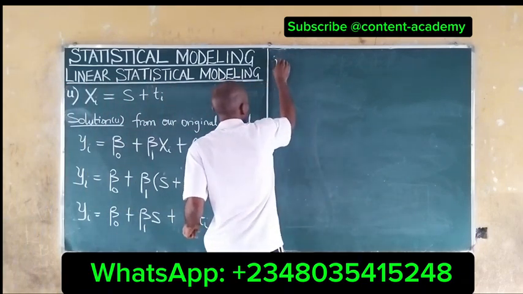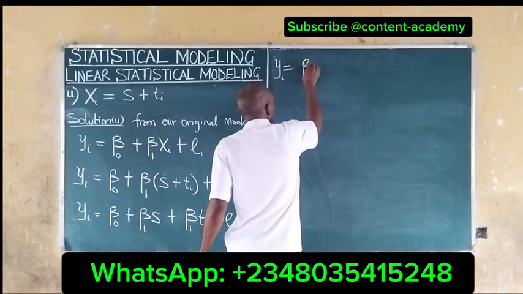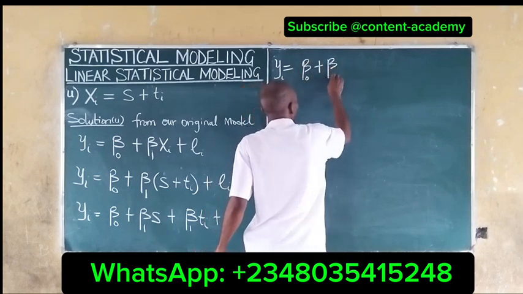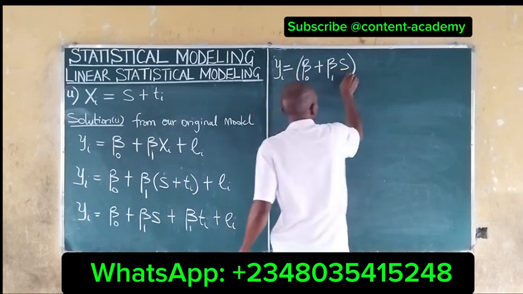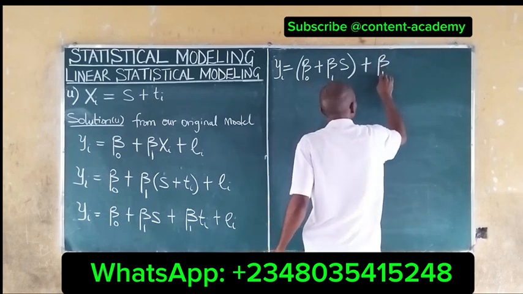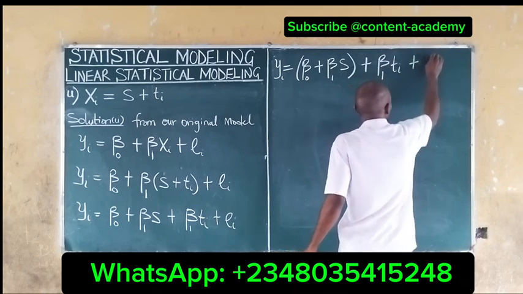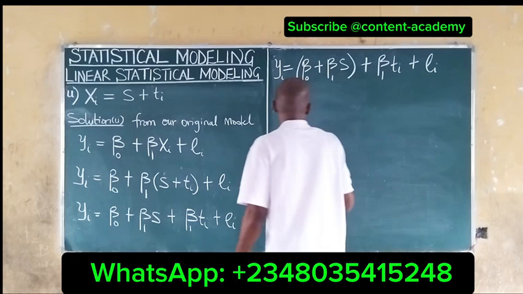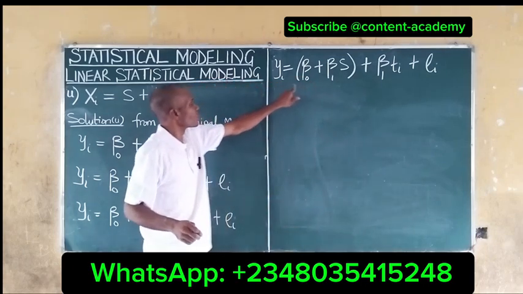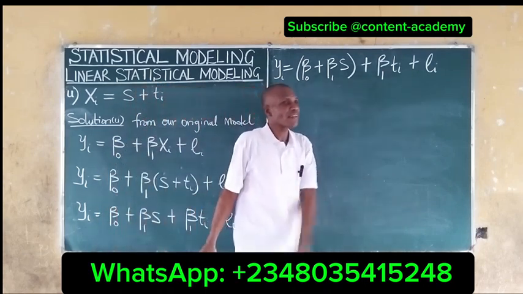So we can write our y_i to be equal to b naught plus b1 x plus b1 t_i plus our error term. So this is the linear relationship between y_i and t_i.